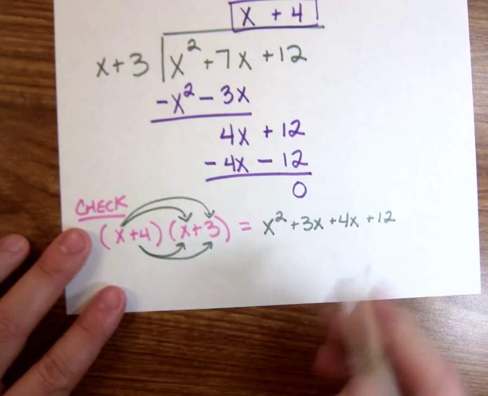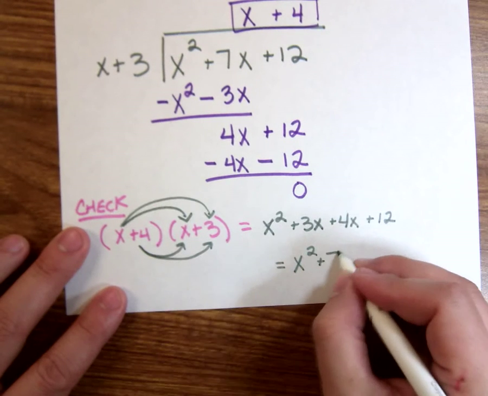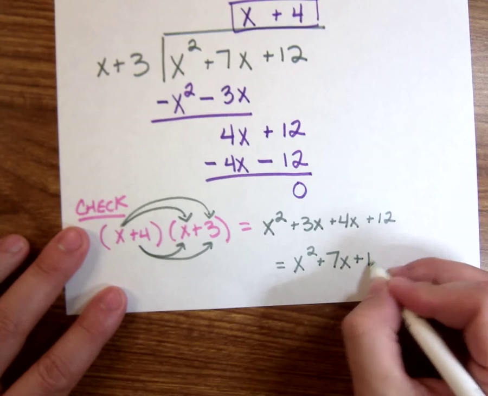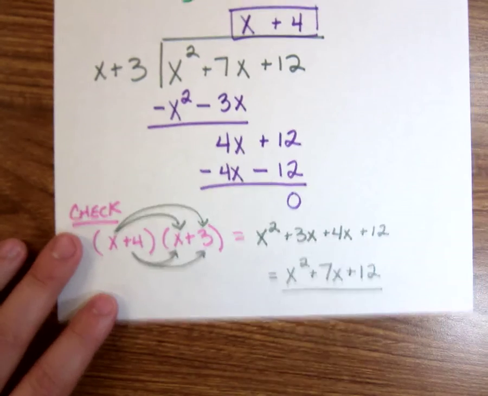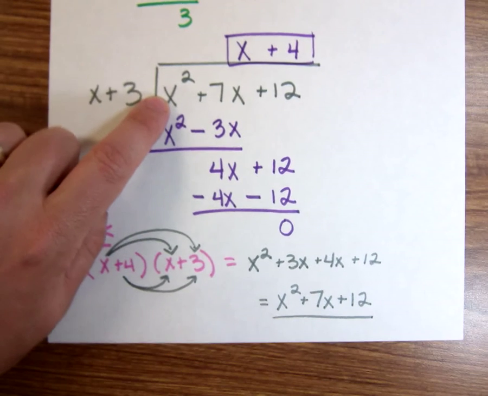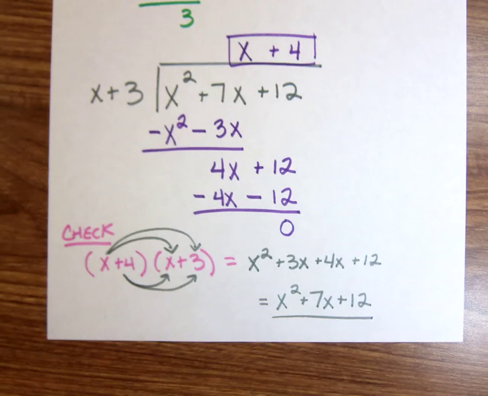And then we combine the x's. Is this equivalent to the thing we divided? Yes, that tells us x plus 4 was the correct answer.